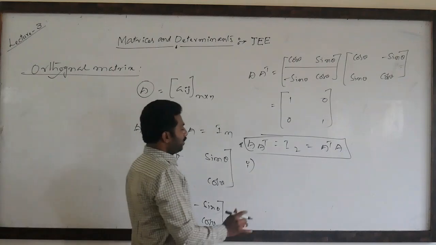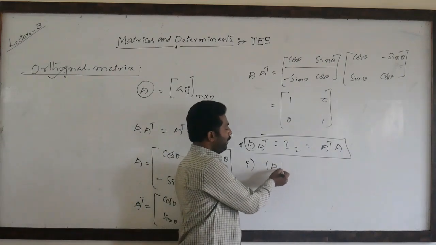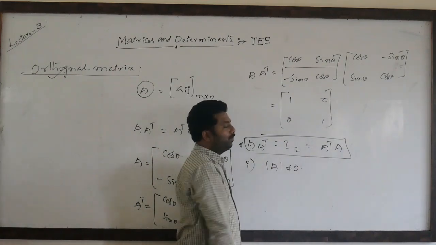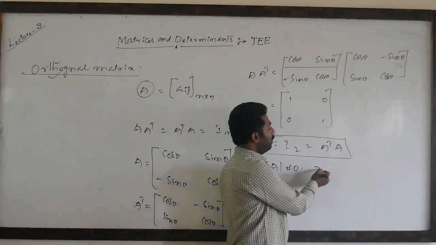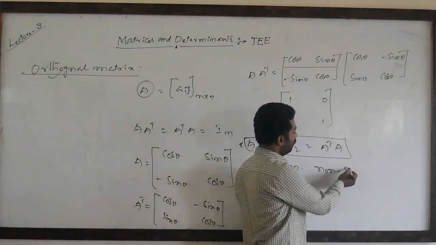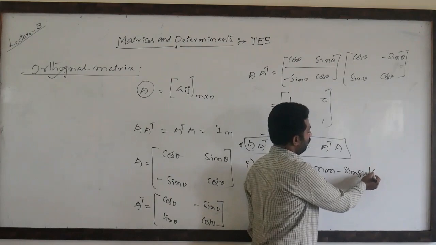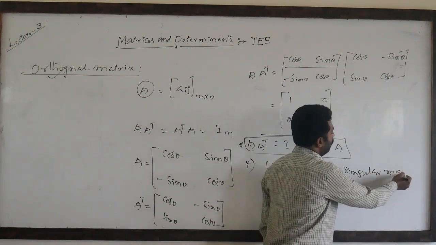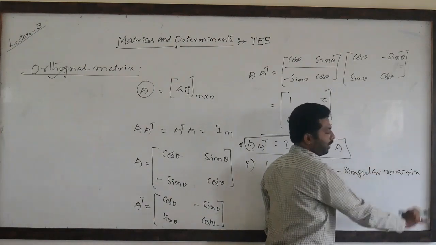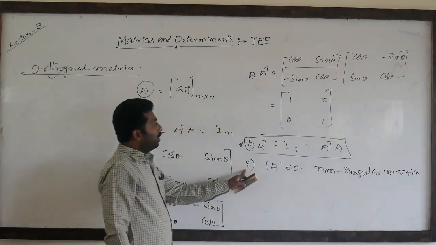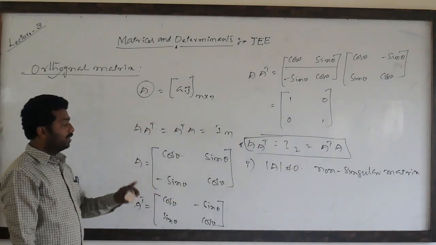In orthogonal matrices, there are some points you have to identify. A is orthogonal means the determinant of A is not equal to 0, because this is a non-singular matrix. So an orthogonal matrix is always a non-singular matrix.